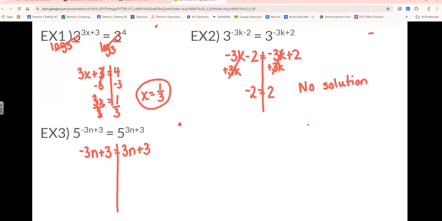It really doesn't matter which one you move here. I like to add that 3n because it avoids negatives, but some of you may want to subtract this 3n. Either one is fine. So I've got 3 equals 6n plus 3.